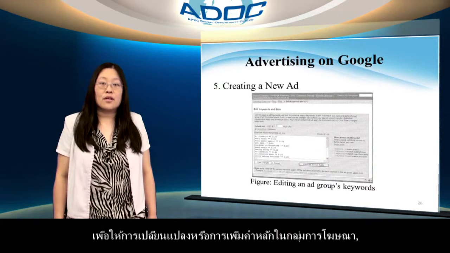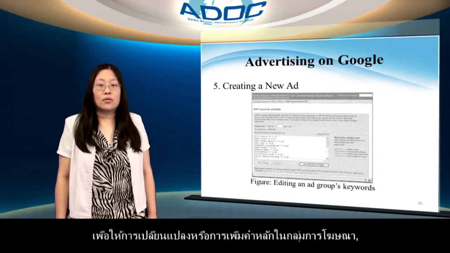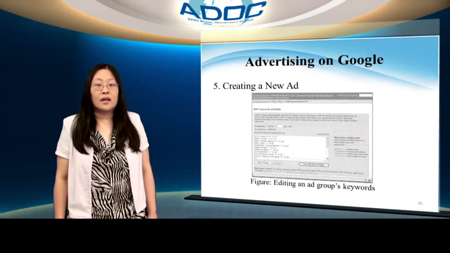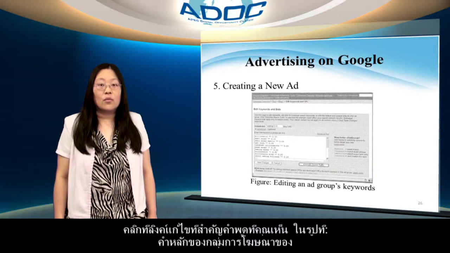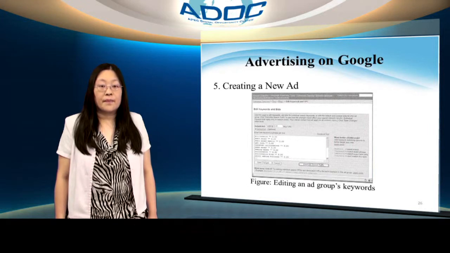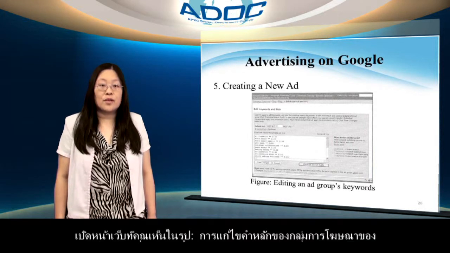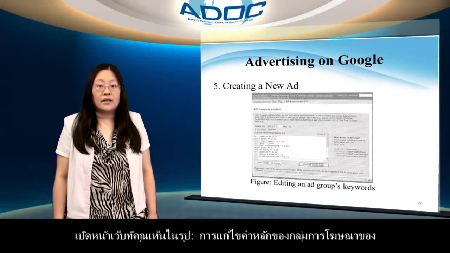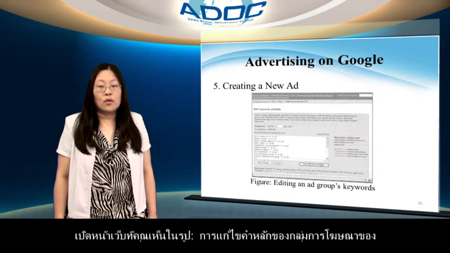To make changes or to add keywords to an ad group, click the Edit Keywords link you see in the figure, an ad group's keywords, opening the page you see in the figure, editing an ad group's keywords.